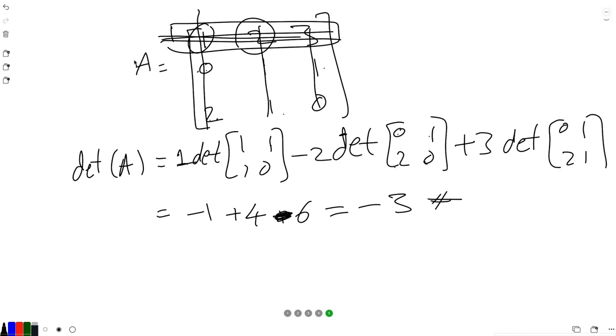Okay, this is the way. What if you have a 4 by 4? It will not be complicated, but more lengthy to solve, because you take the leading element, remove the column and the row where the leading element is, and take the minor.